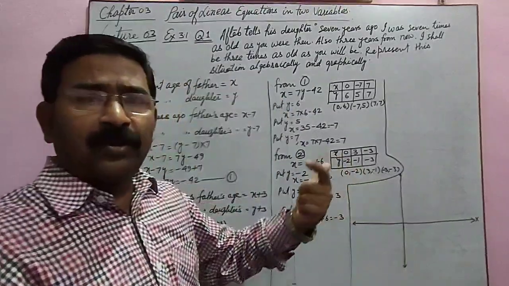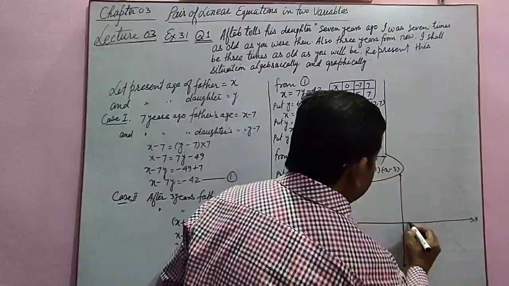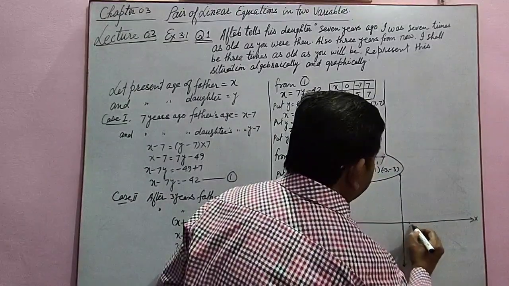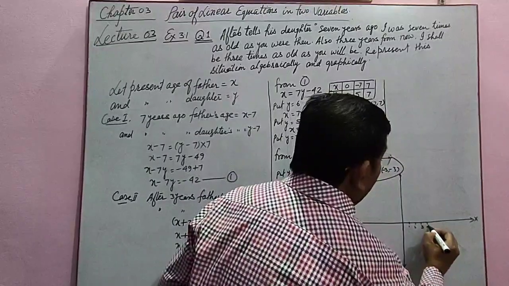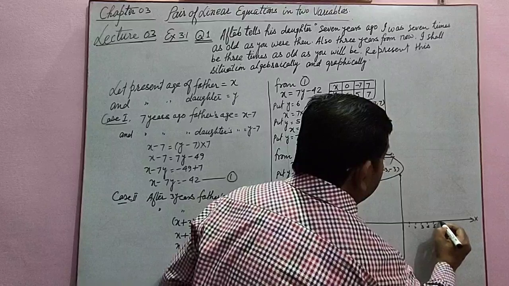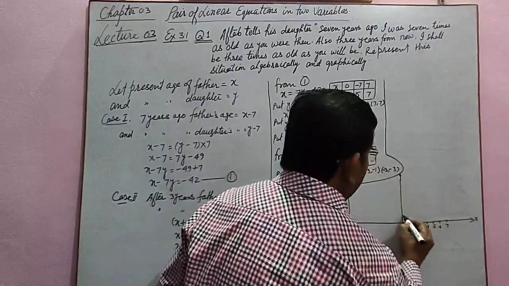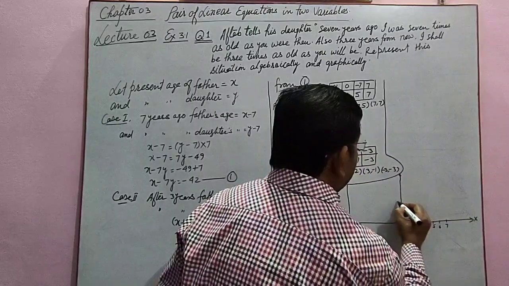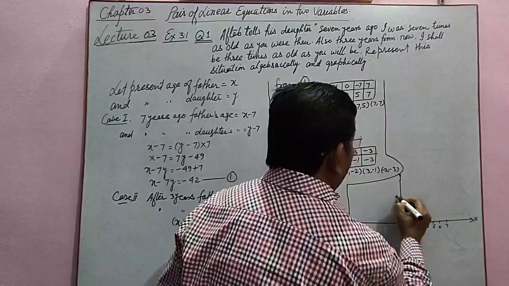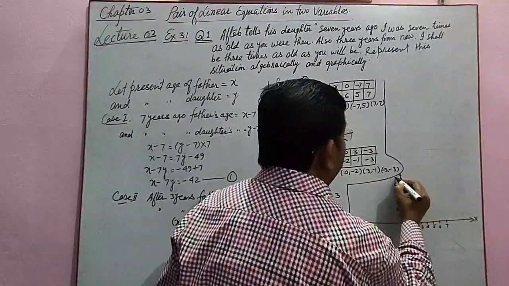1 is equal to 1 unit. So I am making the grid. This is 1, 2, 3, 4, 5, 6 and 7. Here also we can write 1, 2, 3, 4, 5, 6 and 7.